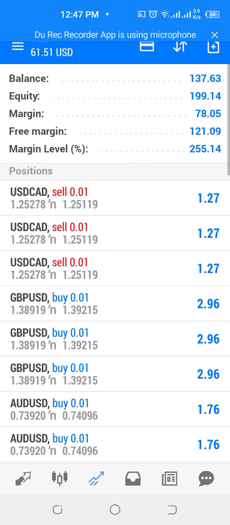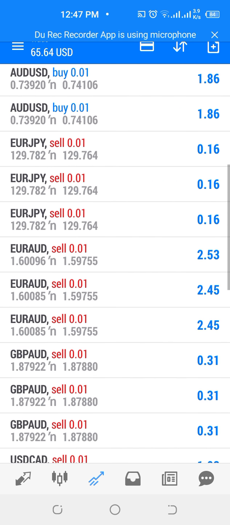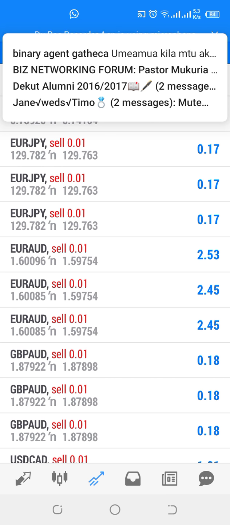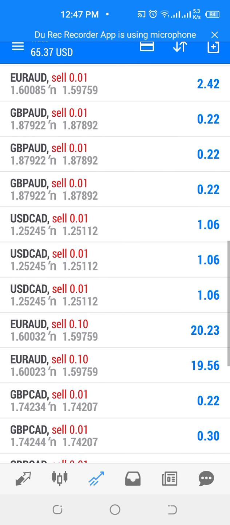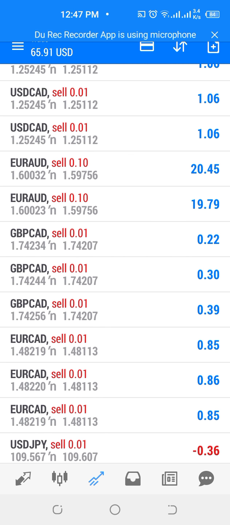So we are going to look at different types of techniques or setups that you can use to trade at least in the forex market.